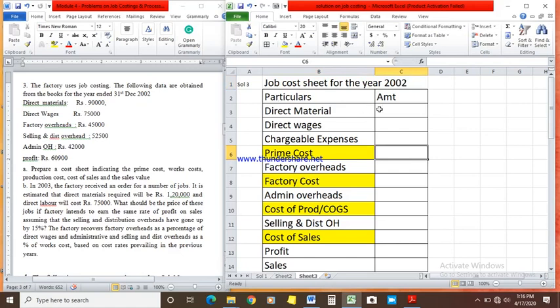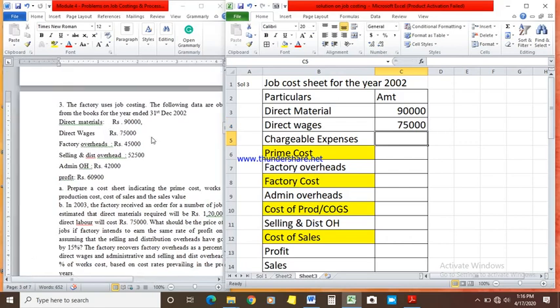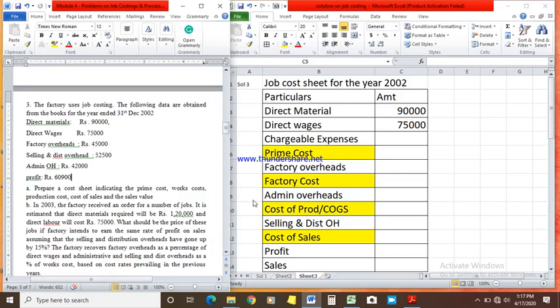Now direct material is 90,000. Then you are given direct wages 75,000. So you are not given any chargeable expenses in this problem, so I just remove this particular item.